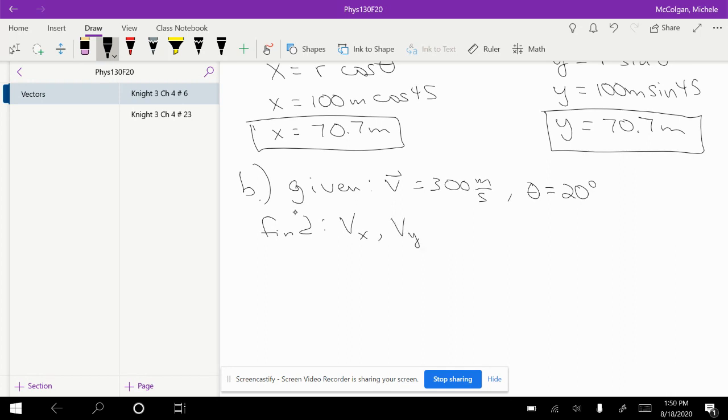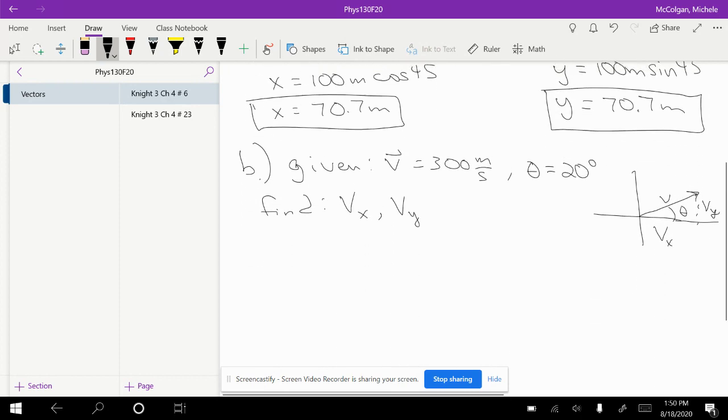Draw a little picture. My V is at 20 degrees, so it's not as steep. So this is going to be V, and this is going to be my Vy, and on the x-axis is going to be my Vx, and this is my theta. So I'm going to do the same thing. Looking for Vx first, from above I had cosine theta, so I'm going to use cosine theta again.